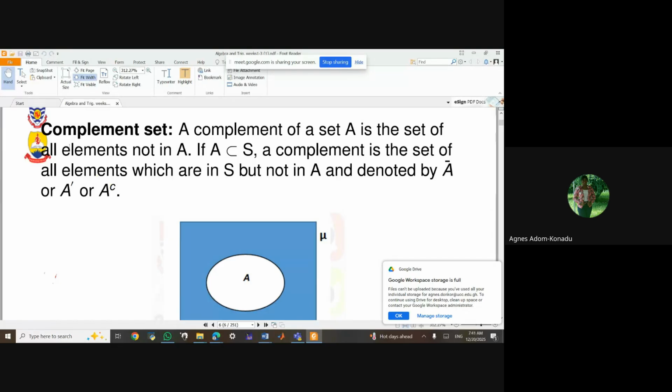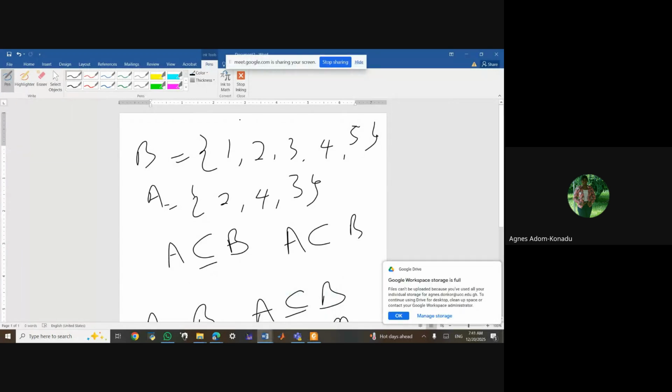And we have what we call complement sets. A complement of a set A is the set of all elements not in A. So when I talk about the complement of a set, I'm talking about the members that are not in it. Let's take our A and B. We can see that B is this and A is this. When I talk about the complement of the set A, we can write it as this.